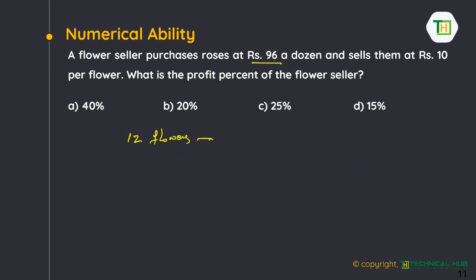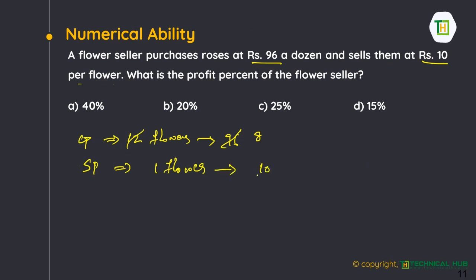The cost price of 12 flowers is 96 rupees, so the cost price of each flower is 8 rupees, since 12 eights are 96. He sells them at 10 rupees per flower. So the selling price is 10 rupees and the cost price is 8 rupees.